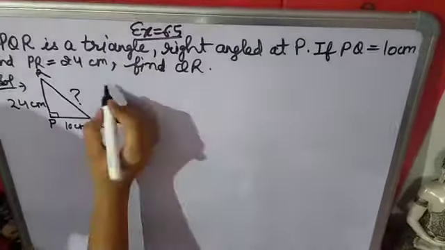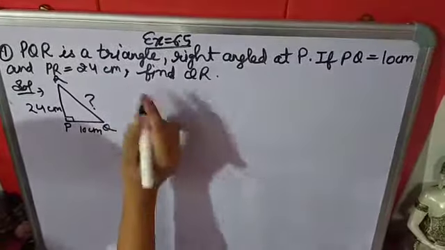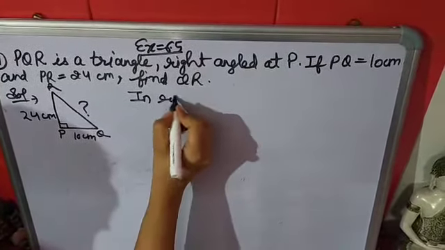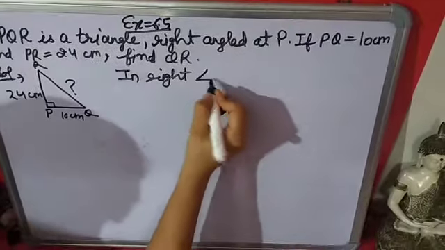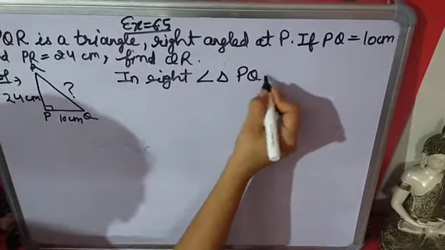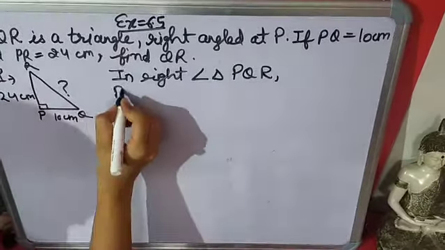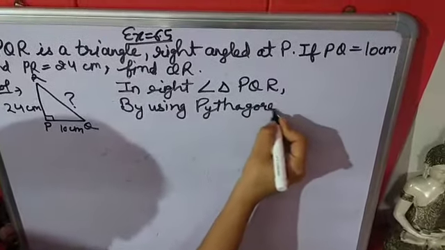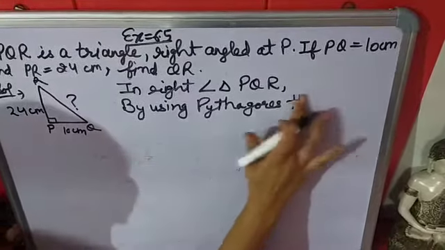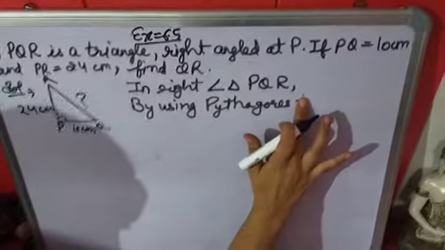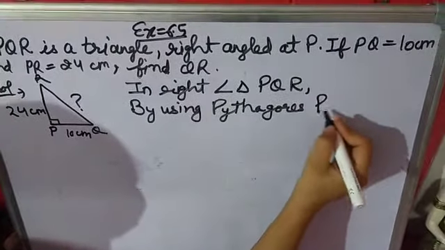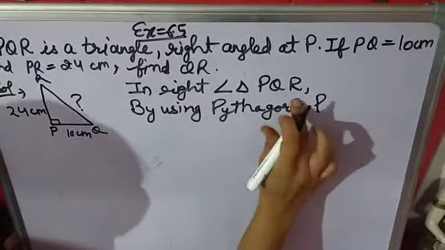So you will write here: in right angled triangle PQR, by using the Pythagoras theorem, property you can say also.